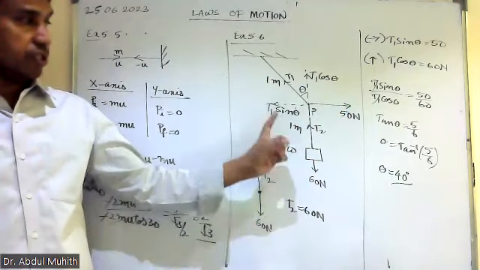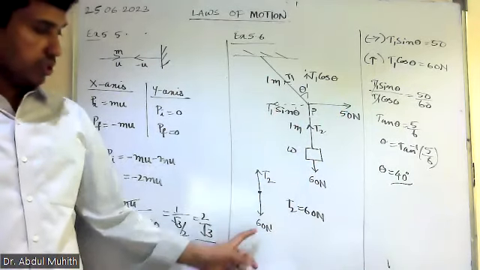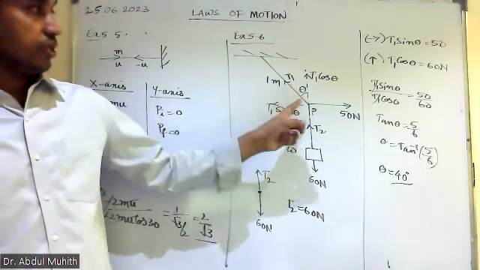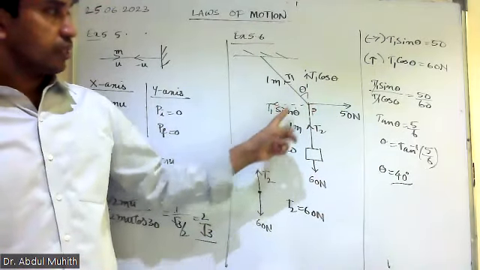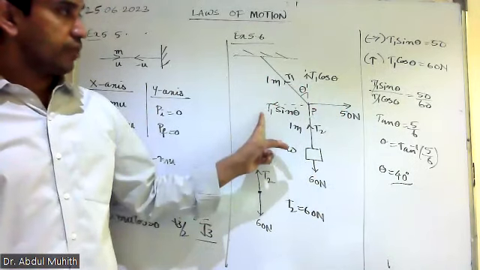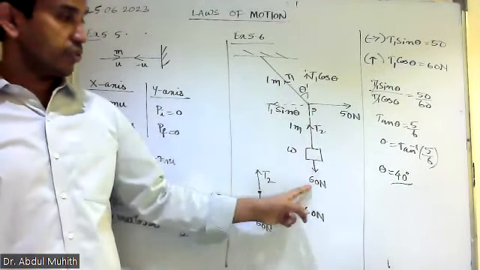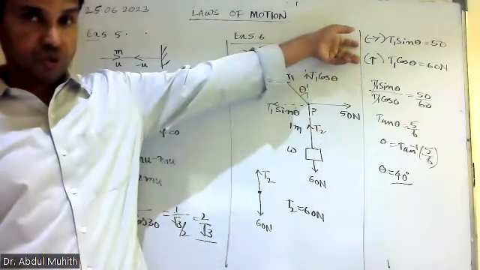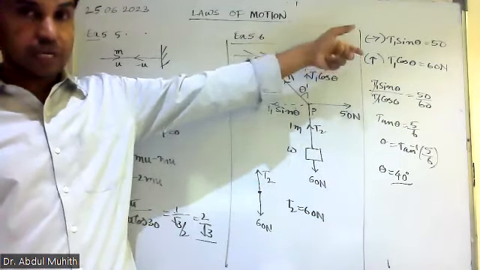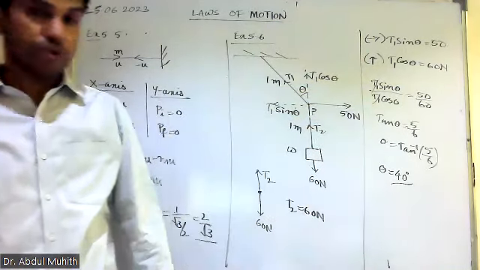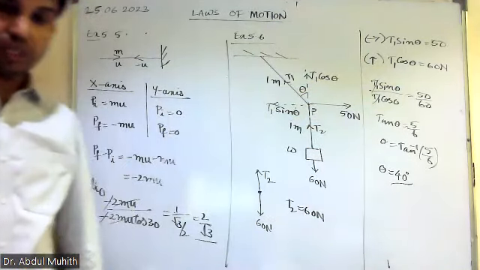This weight is acting downwards, tension is acting upwards, so T2 equal to 60. Coming to this one, there are two forces acting: T1 cos theta and T1 sin theta. T1 sin theta equal to 50, T1 cos theta equal to 60. We wrote two equations. Divide one over the other, so sin by cos will become tan. So the answer is theta equal to tan inverse of 5 by 6. Is it clear?